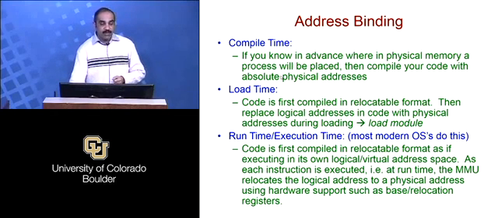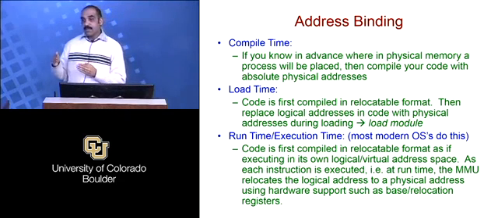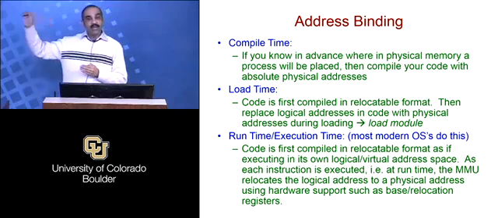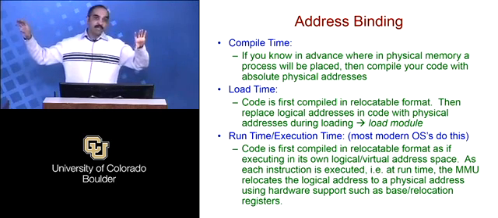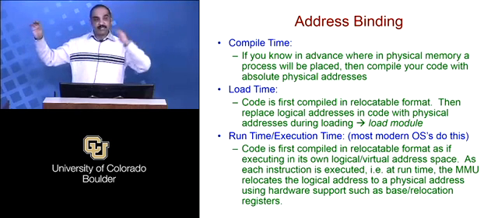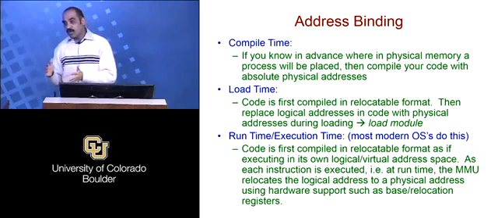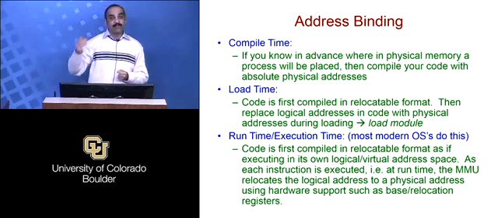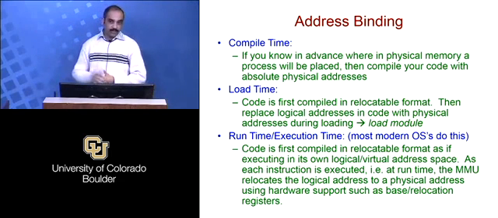The first is at compile time only. If, when you compile the program, you know where in memory this program is going to be loaded, then you can translate all the logical addresses into physical addresses, so that the program you store on disk contains the physical addresses. So you compile the program and then change all the logical addresses to physical addresses.